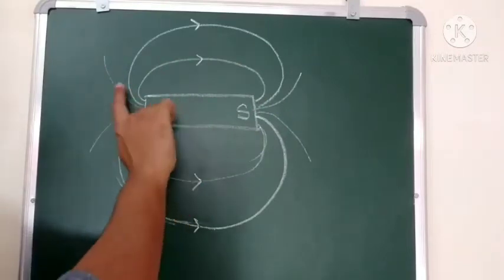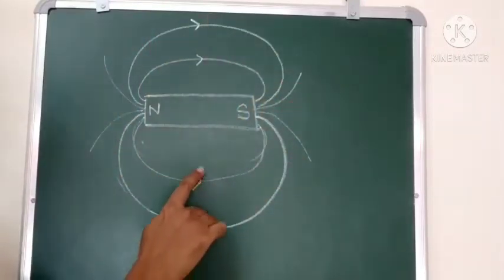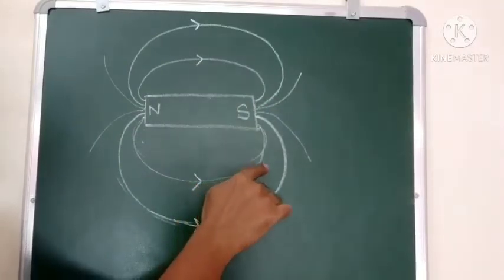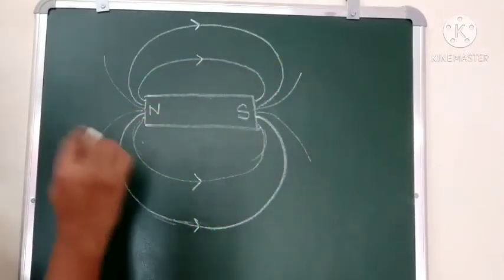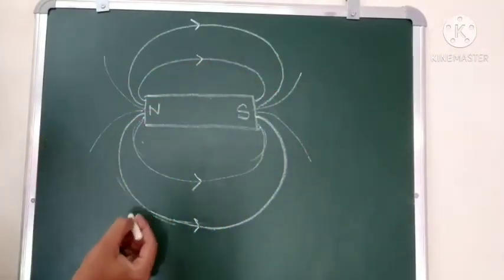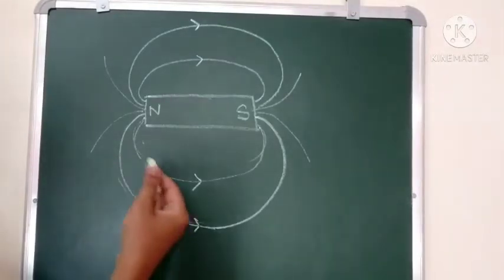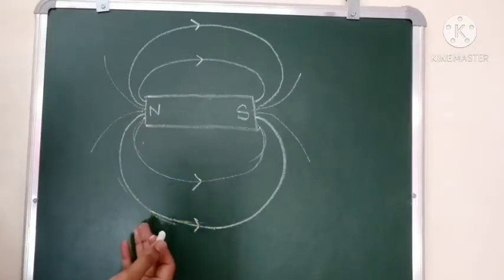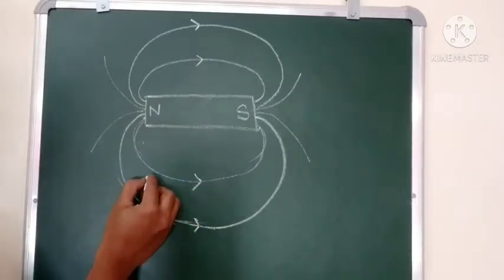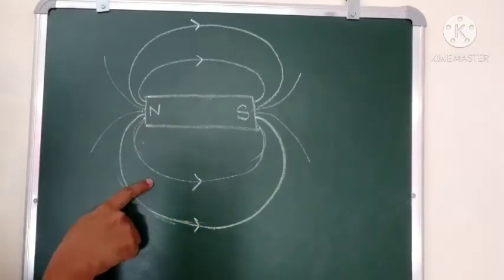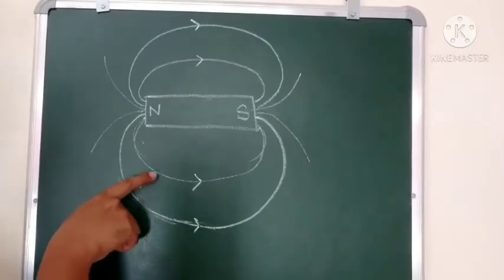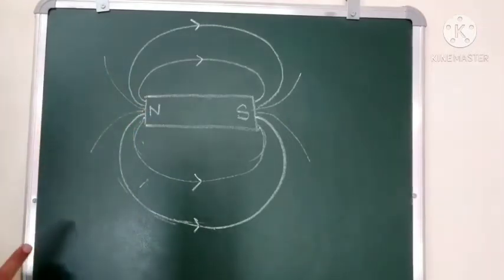These field lines tell you that around this magnet is where the magnetic field is present. So if you take any magnetic material, meaning a material which is attracted to a magnet, for example a small pin, and it comes close to these field lines, it will get attracted to the magnet.